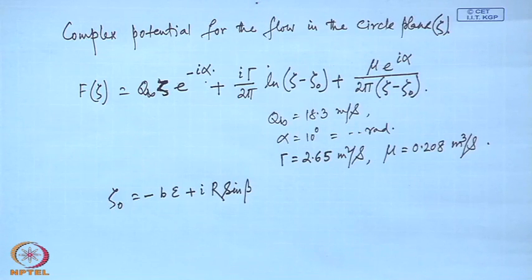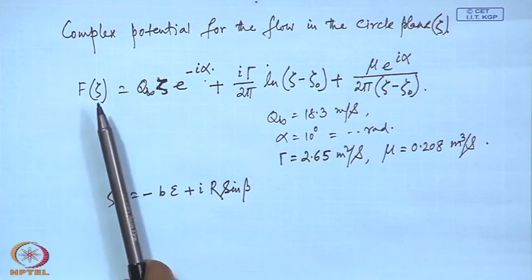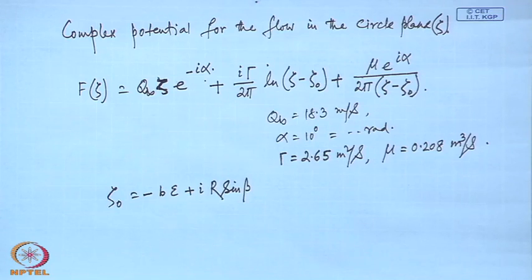You can take out the real and imaginary part, split it, or you can leave it in the complex potential form itself and then transform it back to the airfoil plane. I mean, after this what we did for the first two problems, that sort of things we have to do. We have to now transform back to zeta to z using that Joukowski's transformation once again.